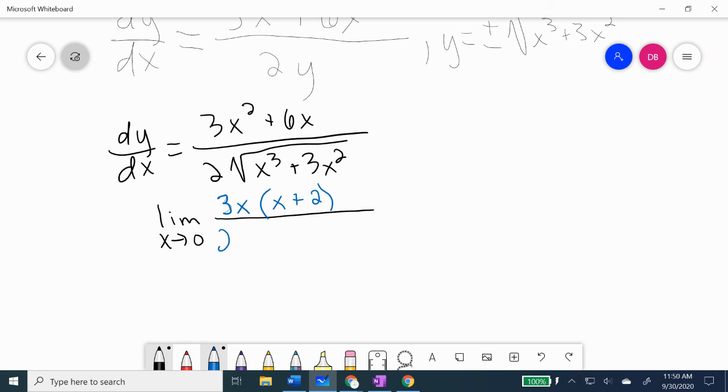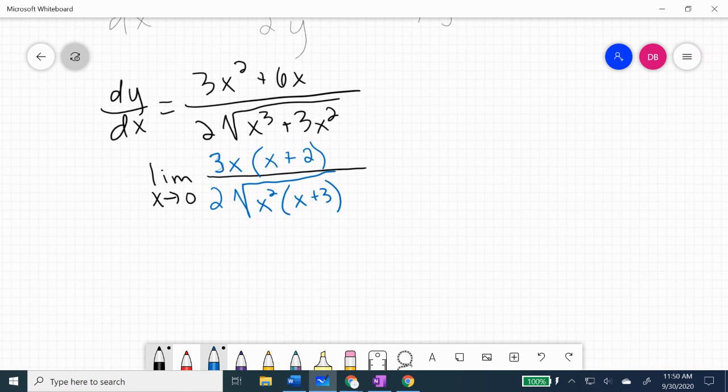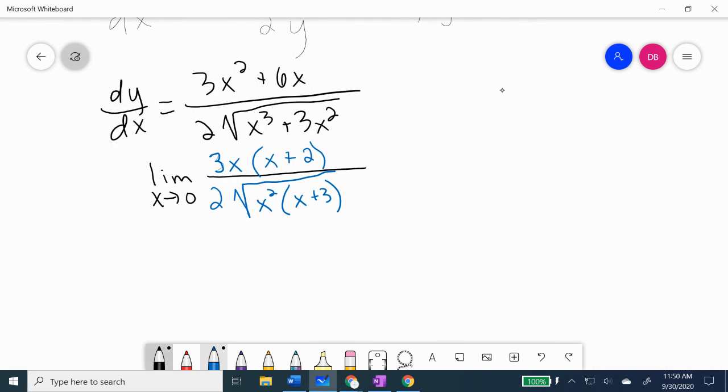In the denominator, I have my 2. Under the square root, I can factor out an x squared, leaving me with x plus 3. And now I have the limit as x approaches 0.